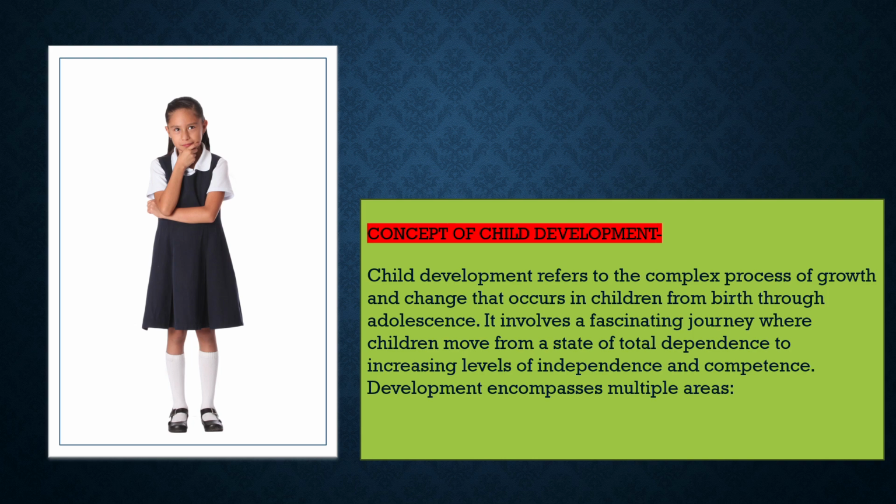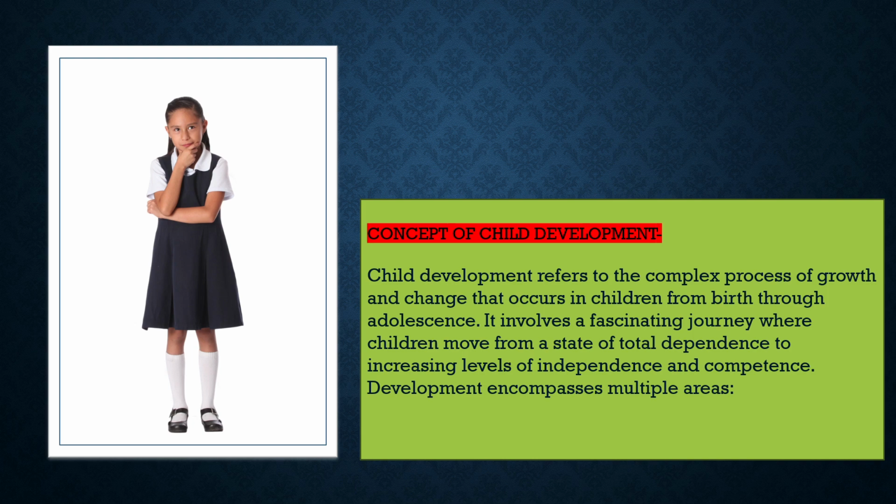Now you see what they are saying is that when an individual is a child, he or she is completely dependent on the parents, teachers, elders, siblings. So they are completely dependent.